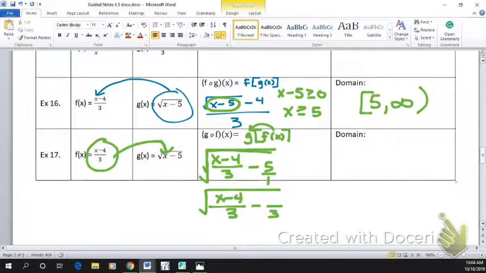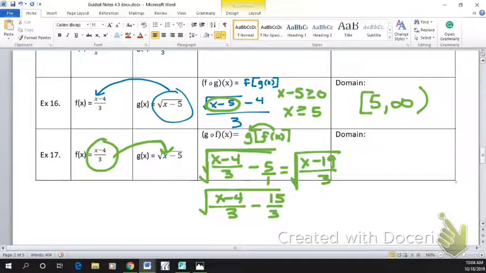Multiply by 3. 1 times 3 is 3, so 5 times 3 is 15. Or you can just think, what number divided by 3 gives me 5? So now we can rewrite that as the square root of x minus 19 over 3, because now that I have a common denominator, I can put these two like terms together, the negative 4 and the negative 15.